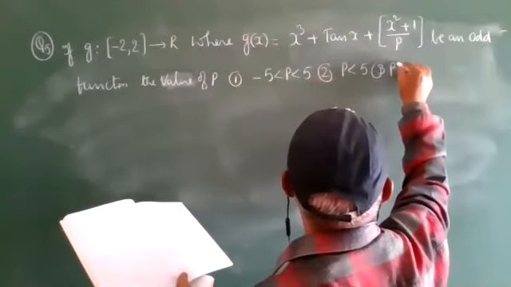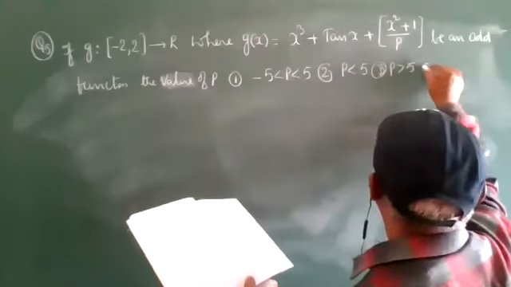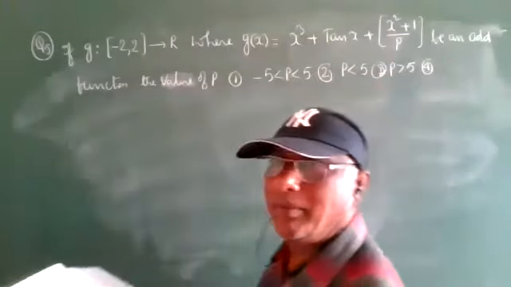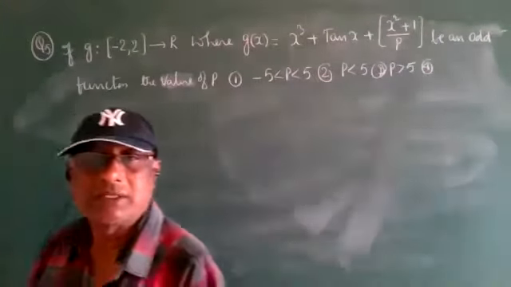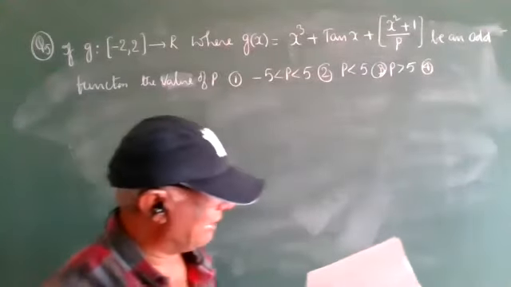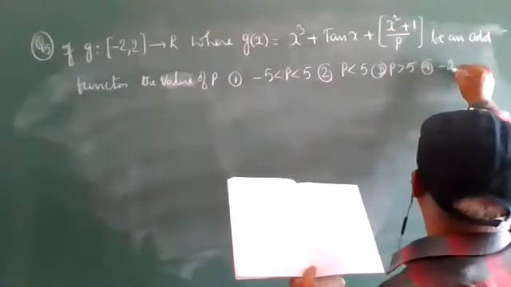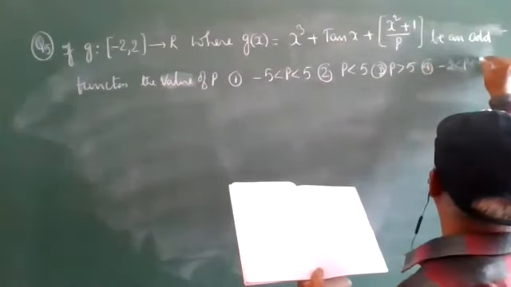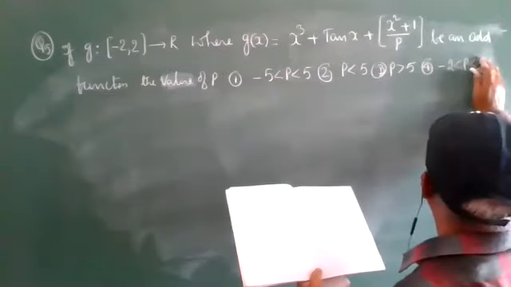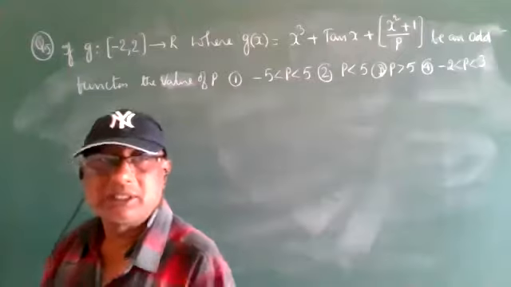The third option is p greater than 5. The fourth option is -2 less than p less than 3. These are the given options.